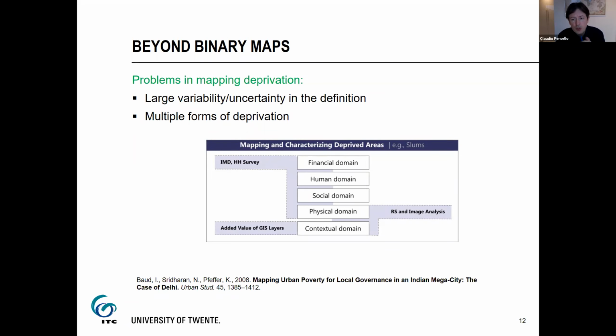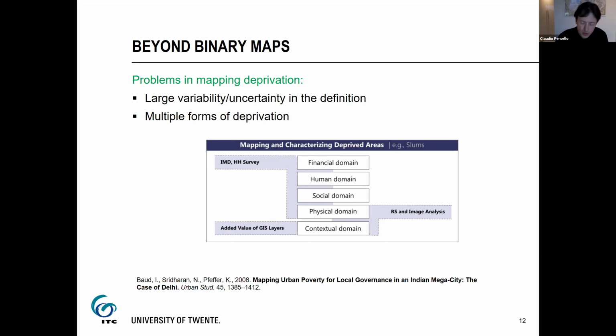or poverty, which are not necessarily associated only to the physical level, so how the slum appears in the image, the layout of the urban area and so on. But there are also other characteristics that pertain to the study of poverty, which are beyond the physical domain and include the financial, the human, and the social domain, which can only be observed indirectly using images as a proxy.